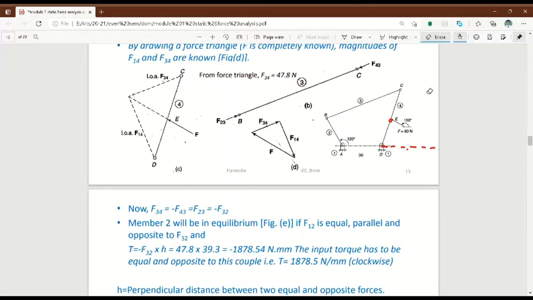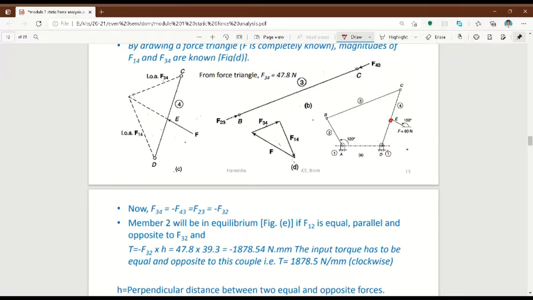I'll give you a hint. First, extend this horizontal line.